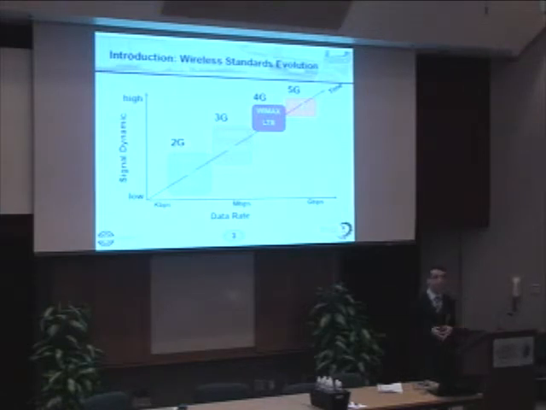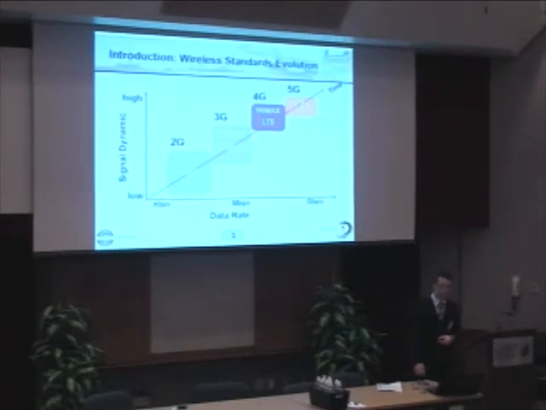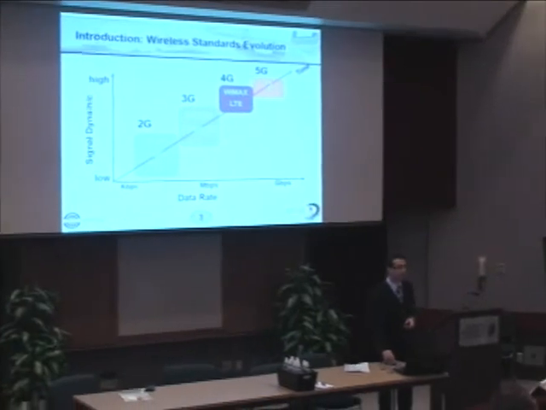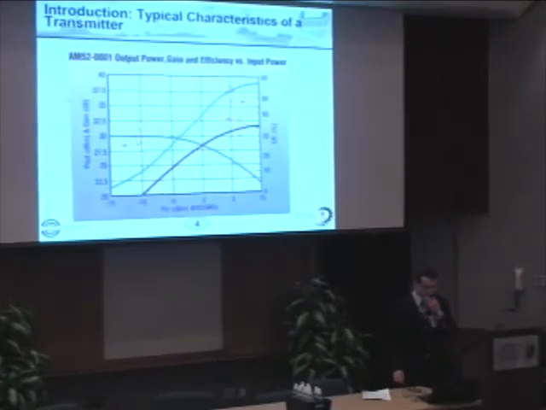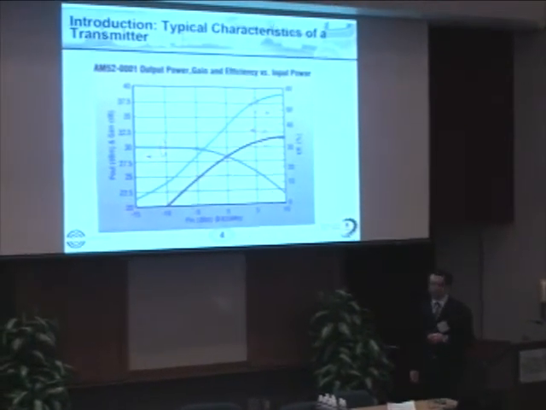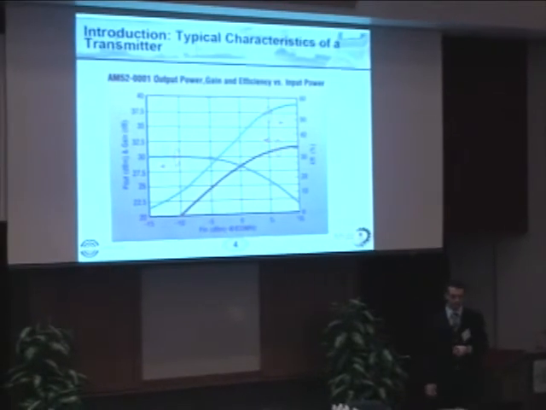But this increase in data rate is accompanied with an increase in dynamic range of the signal. That means the signal amplitude varies quite highly, and this imposes stringent constraints on the design of the transmitter. So here we have different typical characteristics of a transmitter.